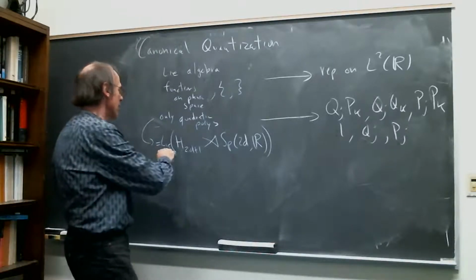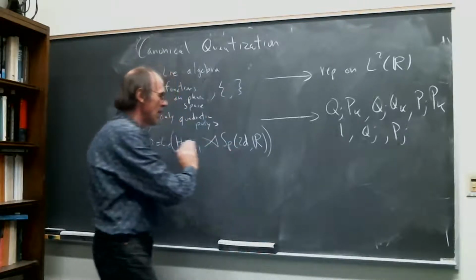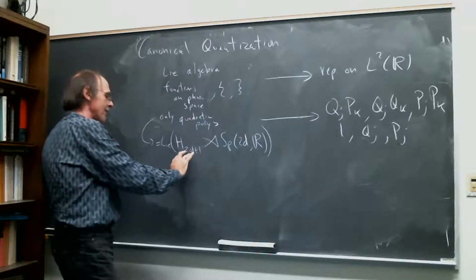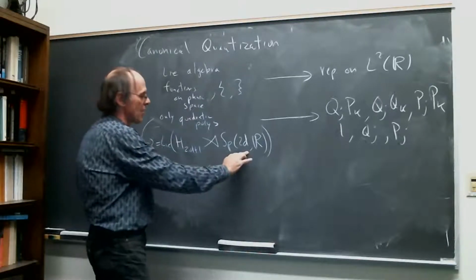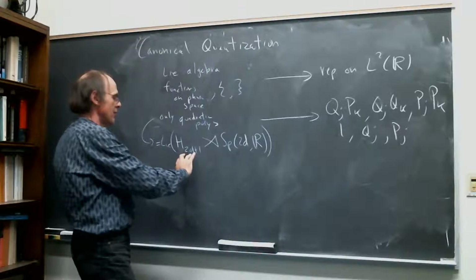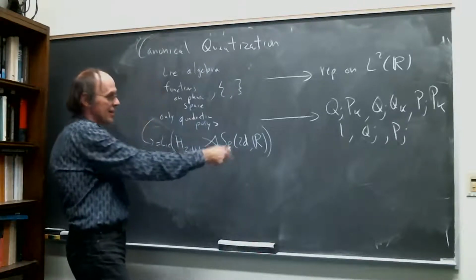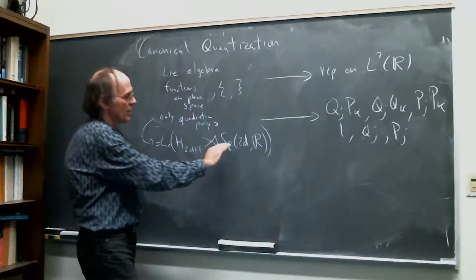But more generally, once I start throwing in the symplectic group, I haven't told you fully what the representations are. What I've shown is just that once you have a representation of the Heisenberg group, it extends to a representation of the larger group, basically because the symplectic group acts by automorphisms on the Heisenberg group.